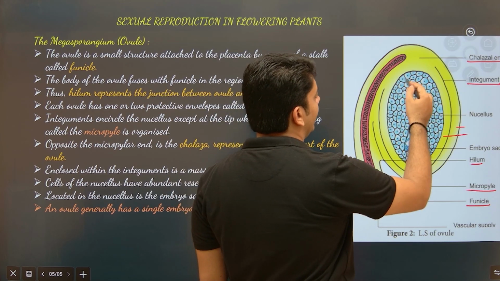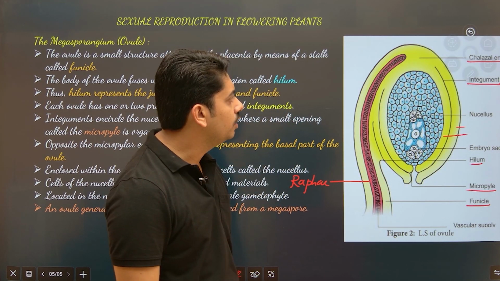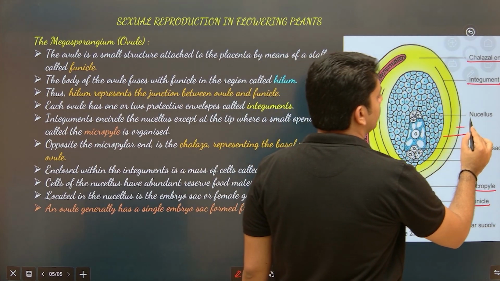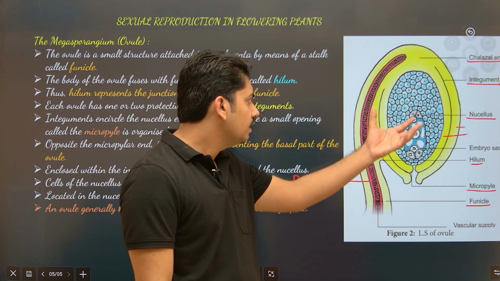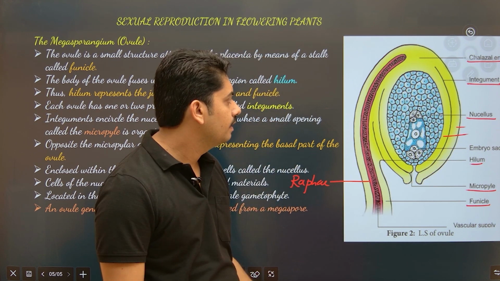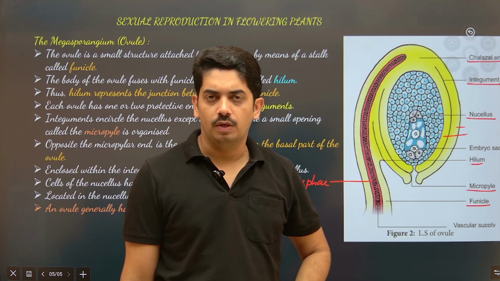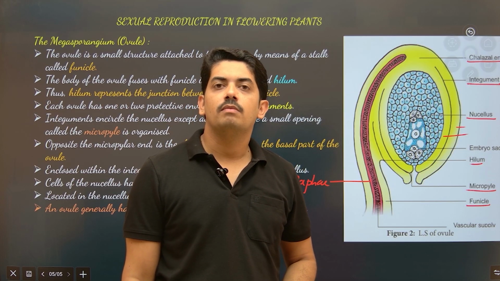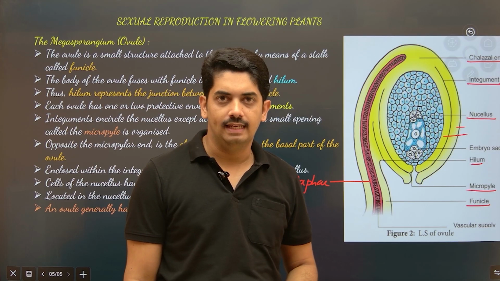Now inside, if you observe, there are so many cells. What are those actually? Nucellus. These nucellar cells act as nursing cells. Again, they nourish the embryo sac. Here there will be a sporogenous tissue. They undergo mitotic division and form a megaspore mother cell.